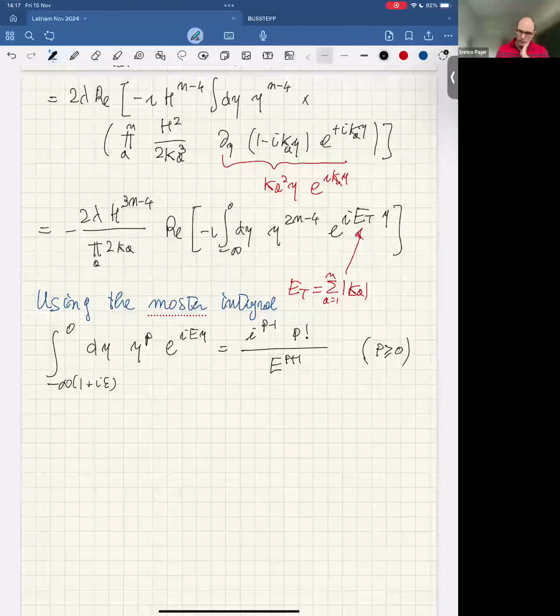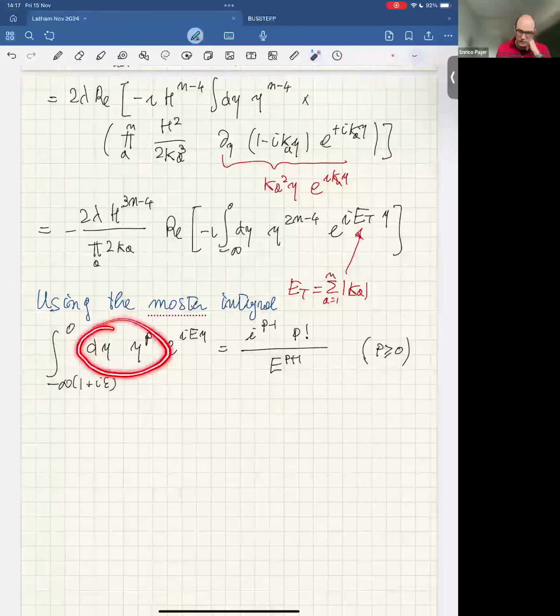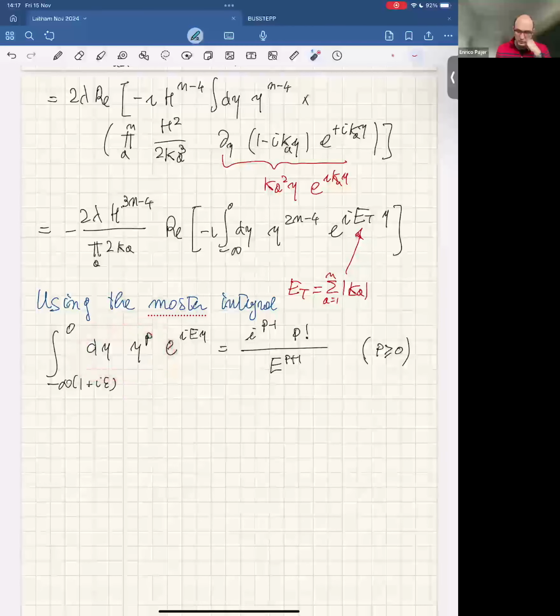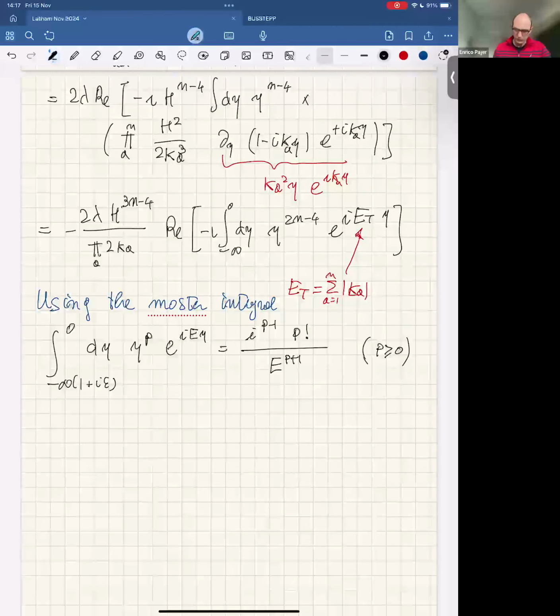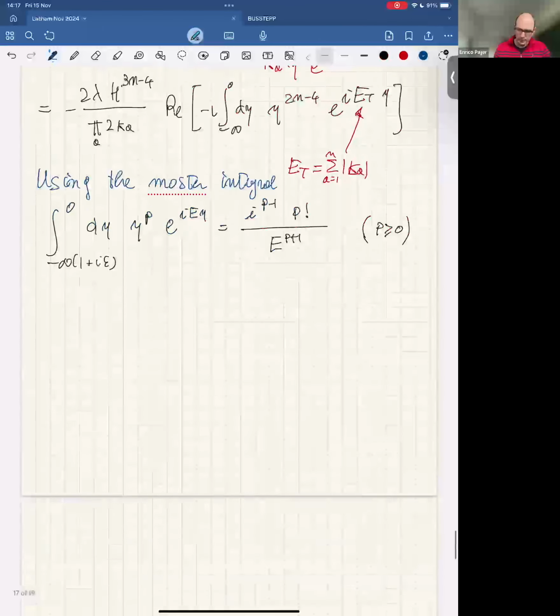So you can use this. Notice that we basically knew that this was going to be the result because just by dimensional analysis, this is of order η to the p plus 1, so it should be 1 over E to the p plus 1. The factors of i and the numerical factor you can just keep track of when taking the integration by parts.